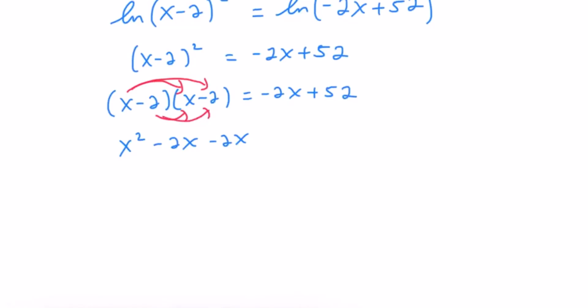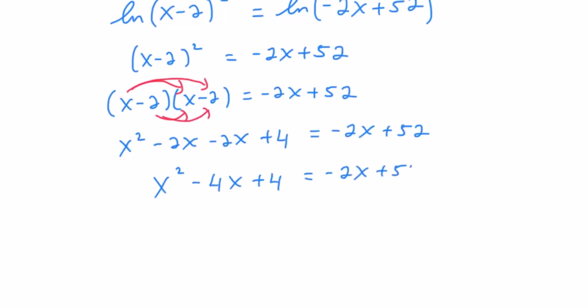Negative 2 times negative 2 is positive 4. And this is equal to negative 2x plus 52. Combine the like terms. So we have x squared minus 4x plus 4 is equal to negative 2x plus 52.